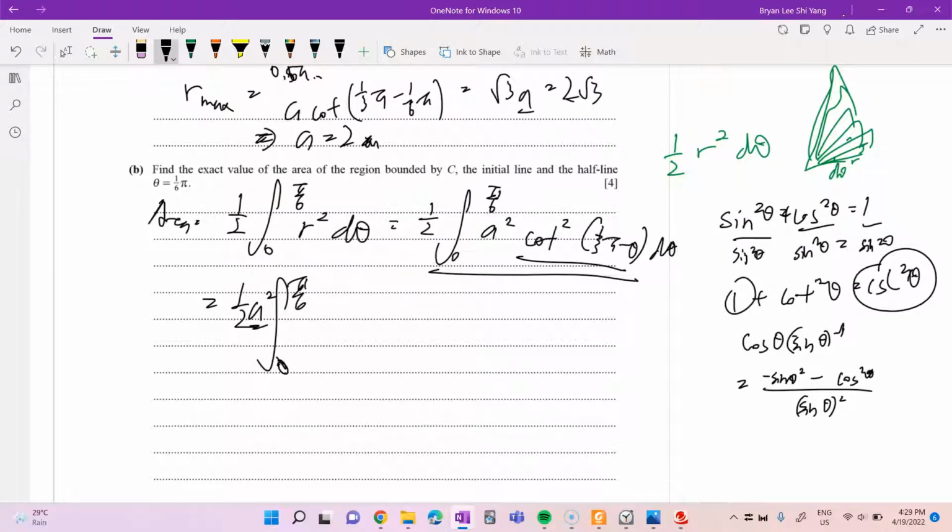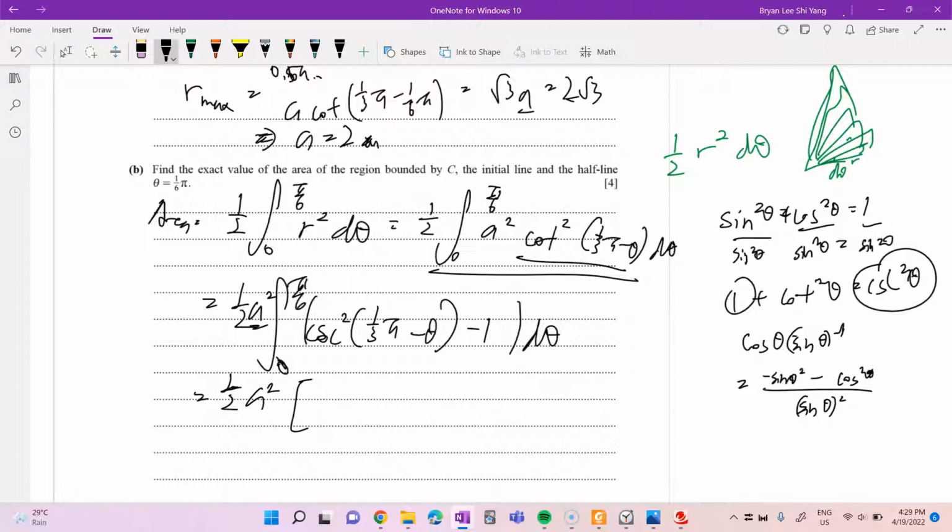So cosecant square, this whole thing, 1/3 pi minus theta, minus 1, this whole thing, d theta would be equal to 1/2 a square.